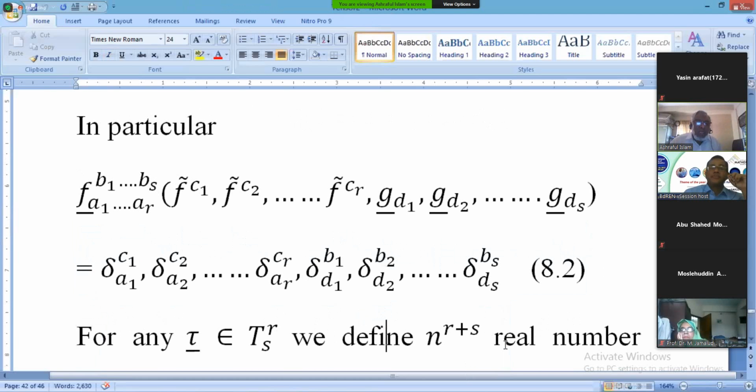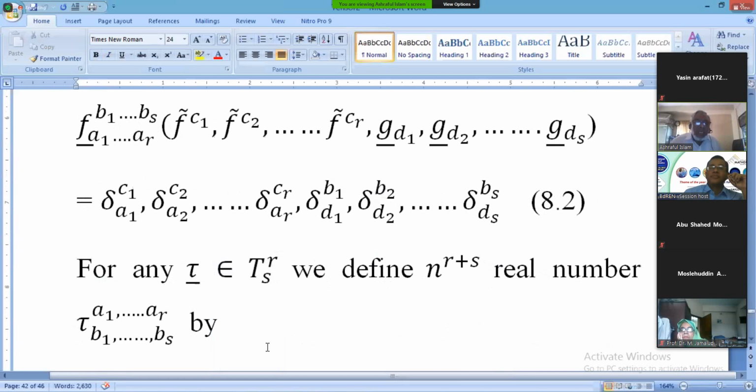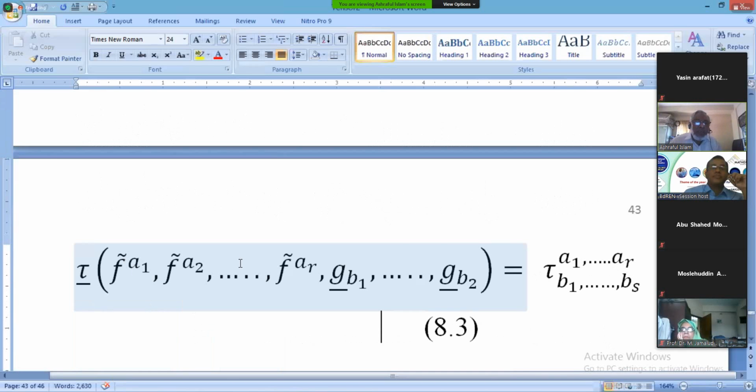So if tau belongs to the tensor space of type RS, the number of components needed is n to the power r plus s. It is defined by taking the basis vectors in the argument, we will get T A1 to AR, B1 to BS.